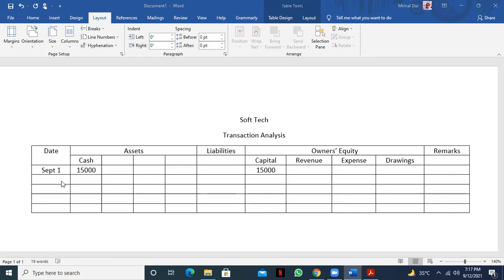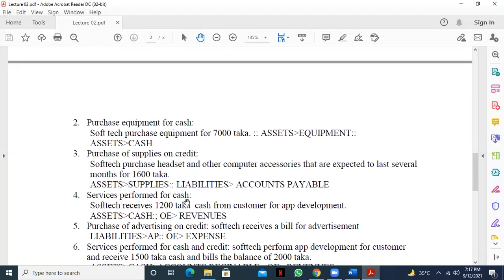Okay, now see, we'll go to transaction number 2. Question number 2, purchase equipment for cash. If we purchase an asset with another asset, then the asset which comes into our business will be plus, and the asset which goes out from our business will be minus.